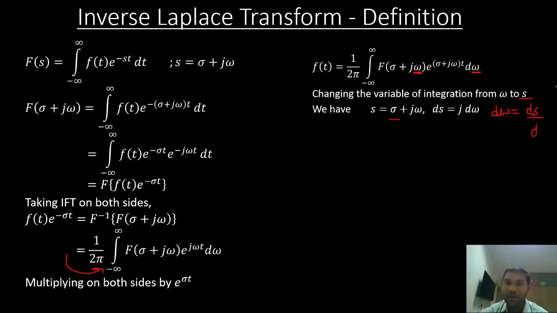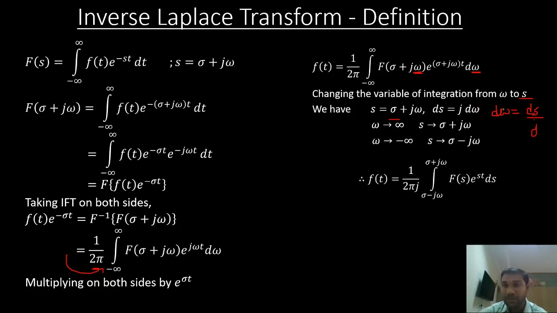And what will be my new limits? When omega equals minus infinity, what happens to s? s becomes sigma minus j infinity, right? These are my new limits.